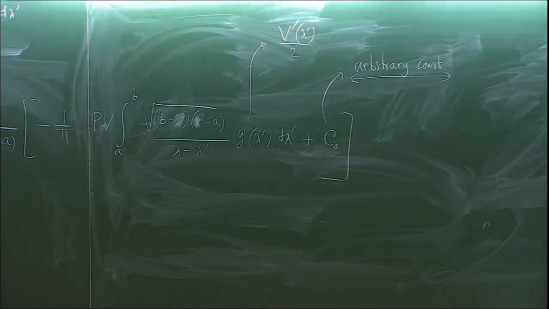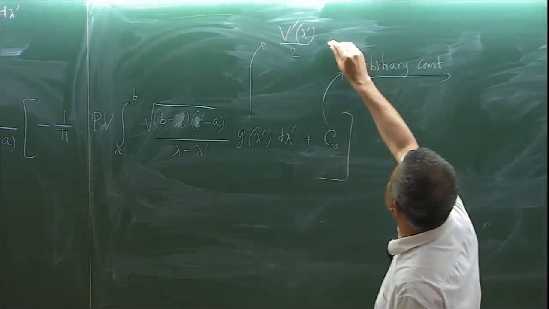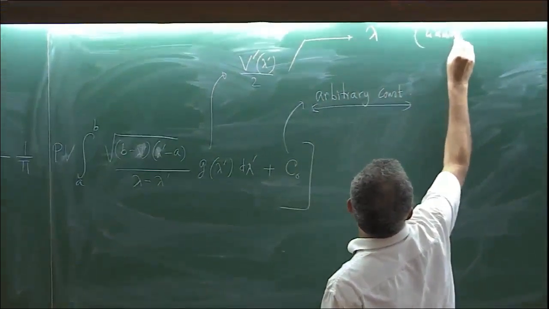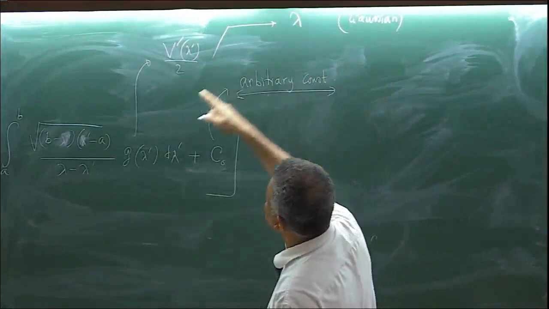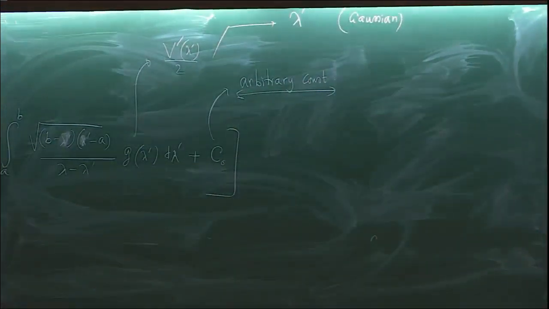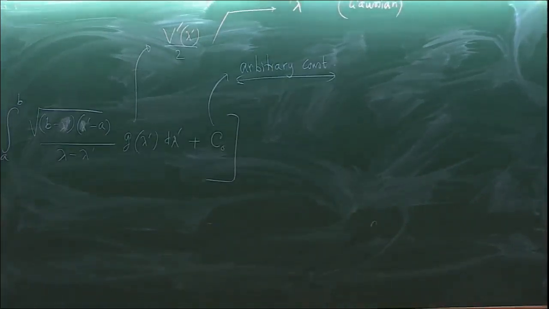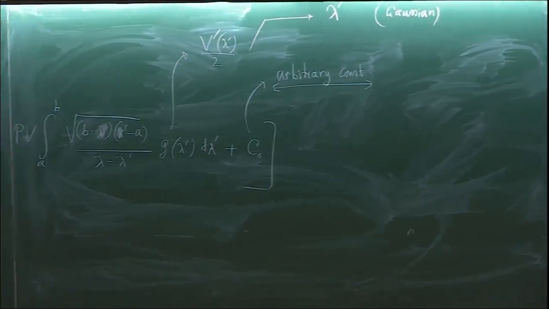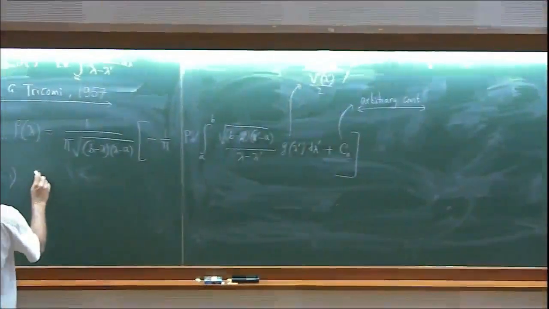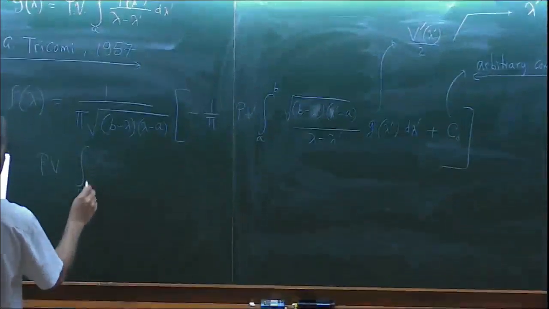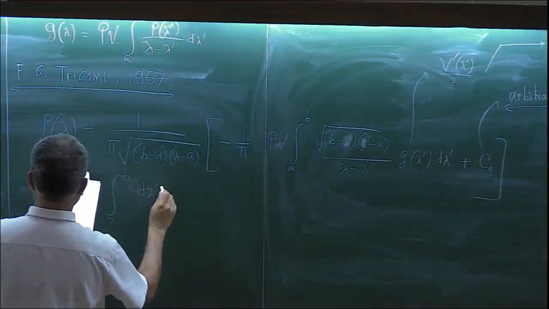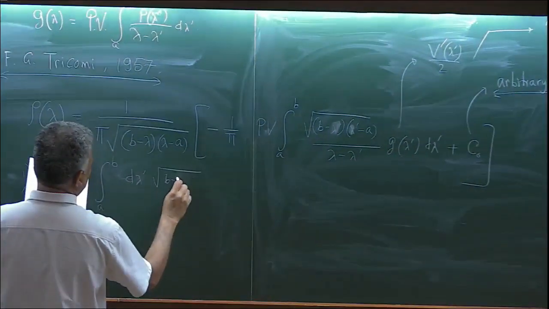But if you take simple ones, like the Gaussian case, where this is just lambda prime, or if you take simple polynomial things, then you can actually perform this integral explicitly. So let me just give you some examples. You can do this by hand, or essentially you can do it by Mathematica. So for instance, if you look at this one, you should try this, just to give you an example of such integrals.